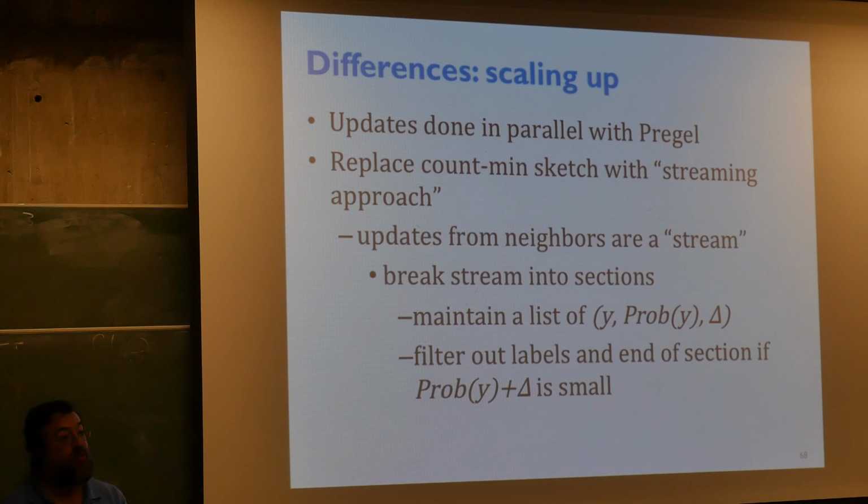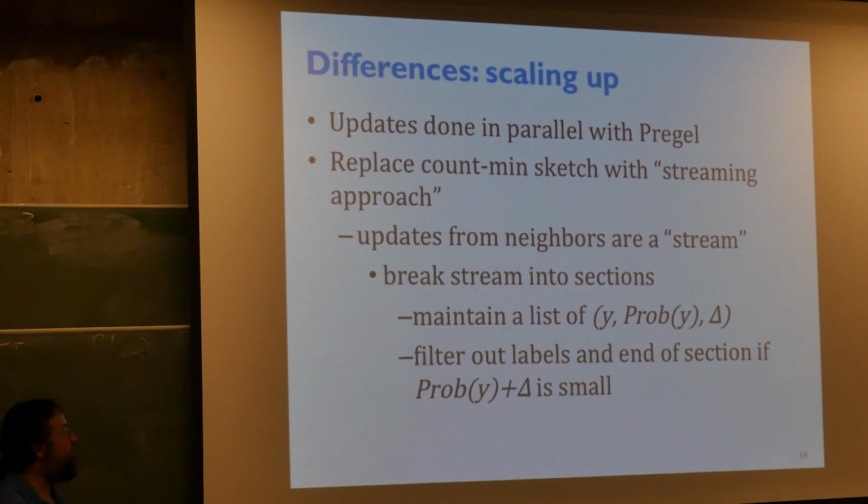The stream itself is going to be broken into sections. So maybe you've got 1,000 updates. You're going to break them into sections of 100. And after 100, you're going to look at the statistics that you've computed so far and say, well, does it look like this score is actually that different from my default score, which would be uniform?